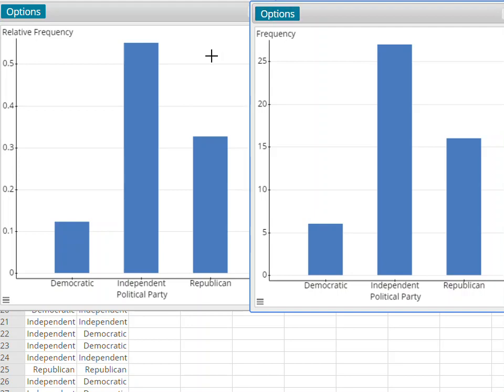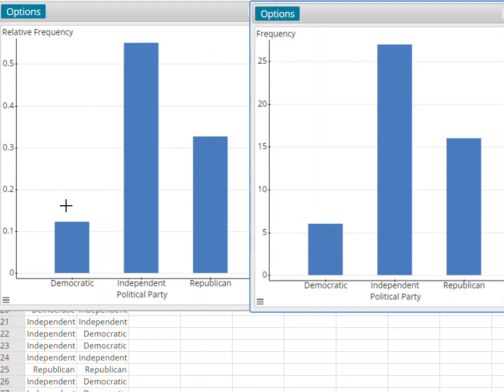So understand that when I'm talking about graphically displaying my information, it doesn't make a difference if I have a frequency or a relative frequency graph, because the picture representing the data compared to each other in these categories is going to be the same.